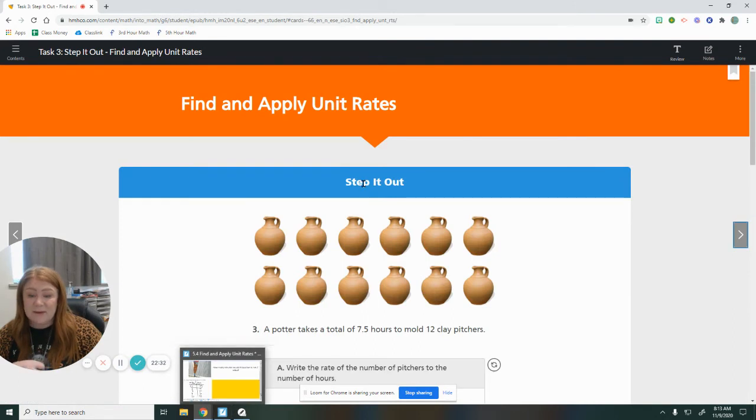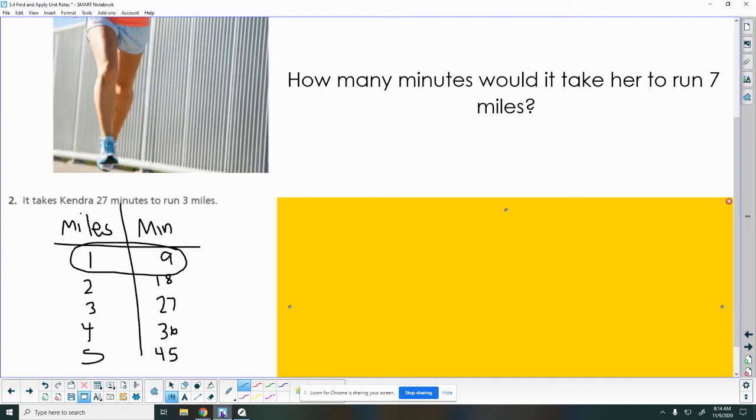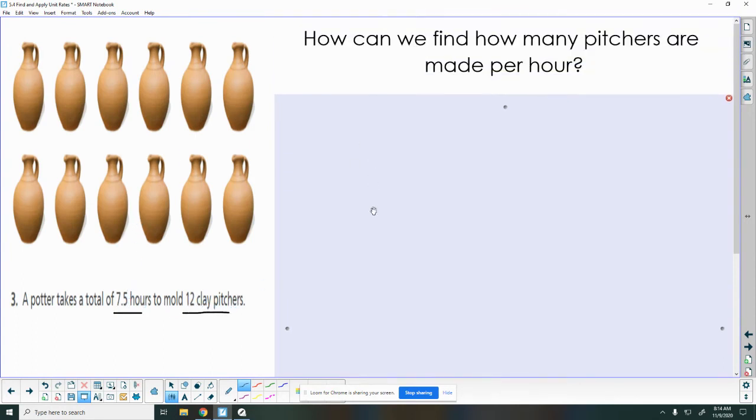So task 3 here, we have a potter who is making clay pitchers. And to do 12 pitchers, it took him 7.5 hours. So let's come over here. So we know 7.5 hours to do 12 clay pitchers. So we want to know how many pitchers he can make per hour.